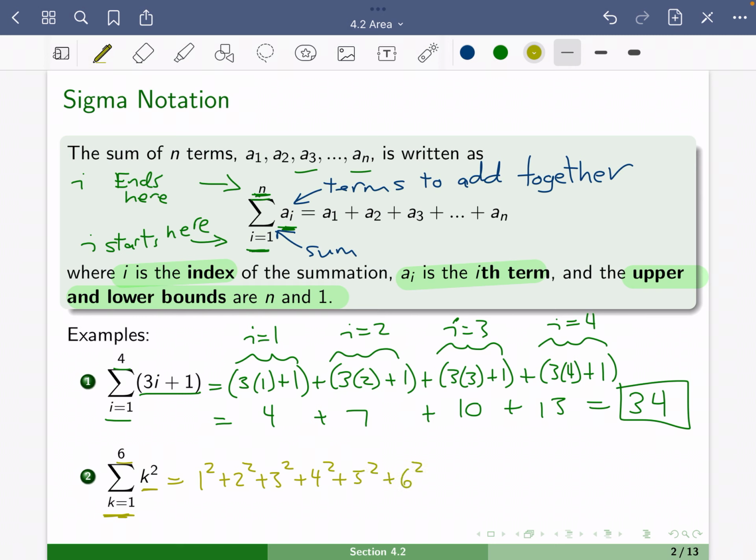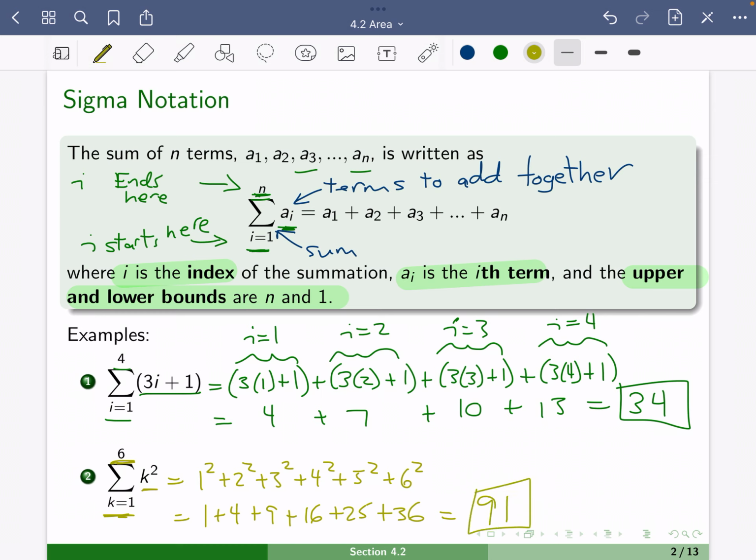And that's where we're going to stop. Why do we stop there? Because that's our upper limit of summation. So we plugged in k equals 1 up through k equals 6. So this is 1 plus 4 plus 9 plus 16 plus 25 plus 36. And when we add all of that up, we get 91.